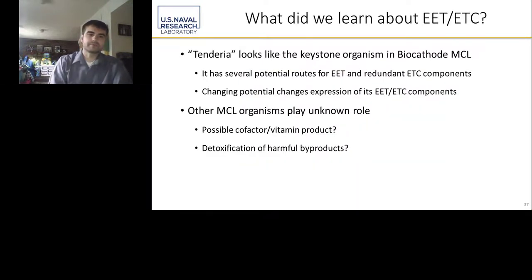Here I'm just going to summarize what we've talked about so far, and then we're going to talk a little bit more about some of the energetics within this community. So far, what we found is that Tenderia looks to be the keystone organism. It's autotrophic, it's changing its activity and the expression of genes depending on what potential we're growing it at, and it's very abundant.